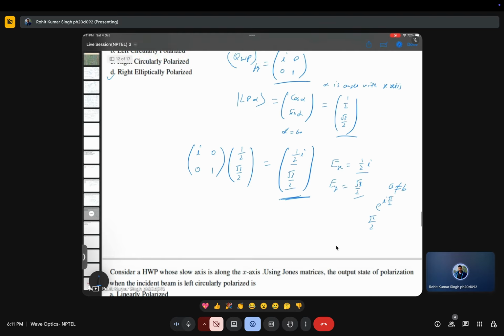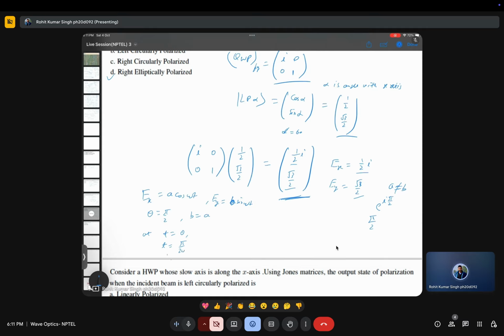So we discussed this, if you remember, if you have Ex is equal to A cos omega t, Ey is equal to A sin omega t, if theta is equal to pi by 2, and we put B equal to A. So if this was B, then we analyzed on different time frames, like what happened at t equal to 0, what happened at t equal to pi by 2 omega, and so on.